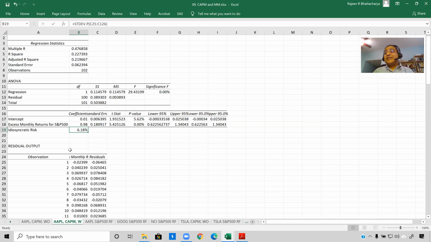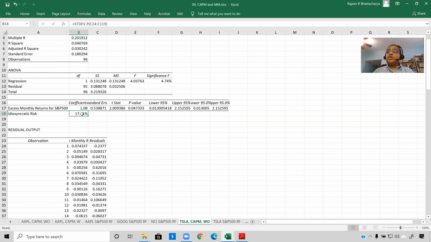So therefore, Tesla and Apple, they have similar betas, but Tesla has about 2.5 times the idiosyncratic risk. According to CAPM, Tesla investors should not be compensated for bearing this extra idiosyncratic risk. Okay, so then is idiosyncratic risk irrelevant? Is that true?